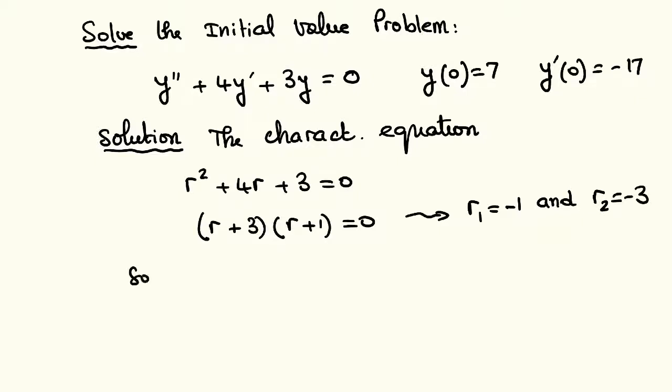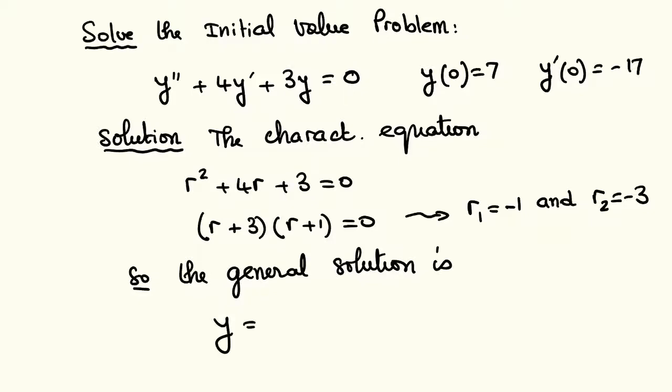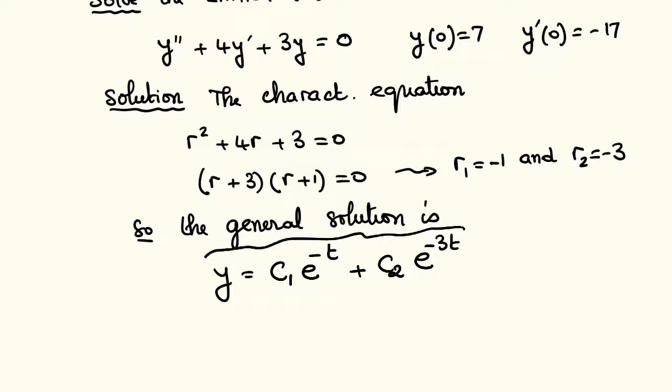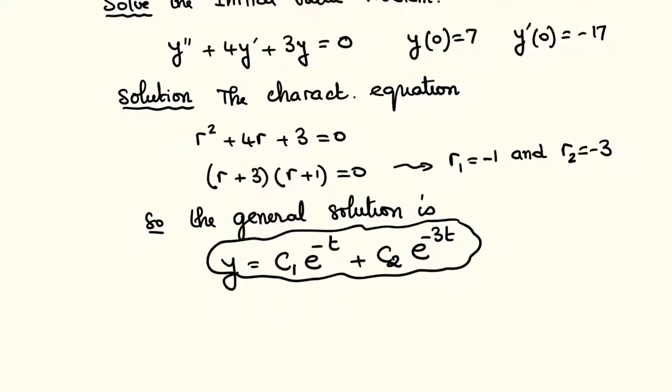So the general solution is y equal c1 e^(-t) plus c2 e^(-3t). So that is the general solution of the differential equation.